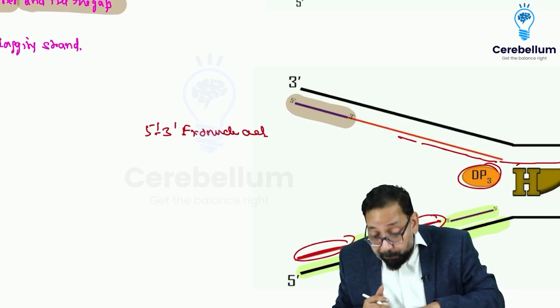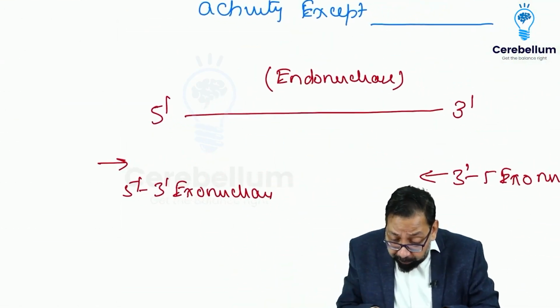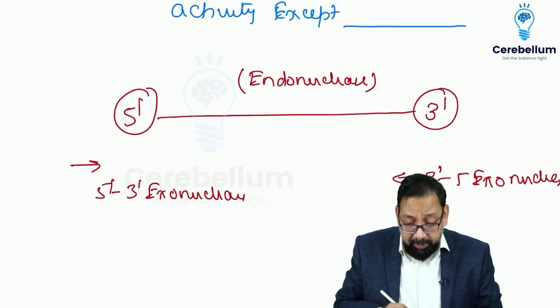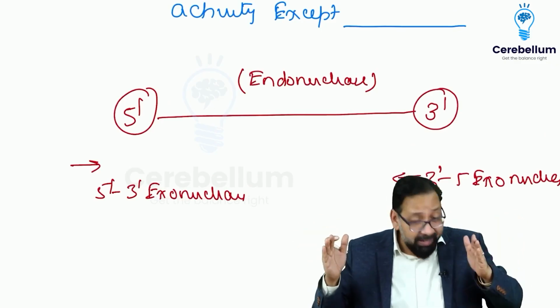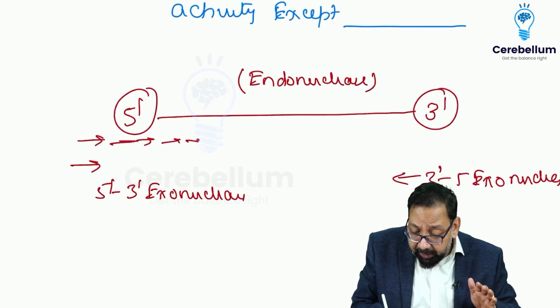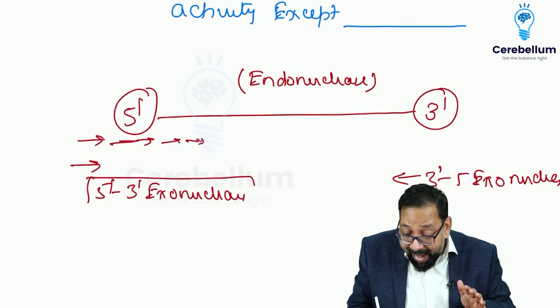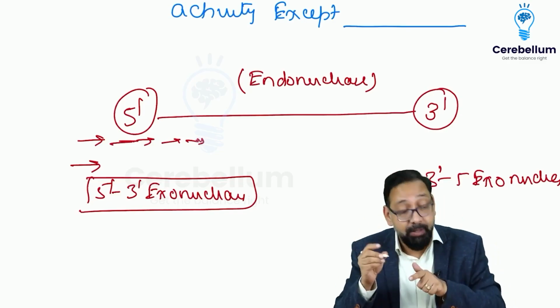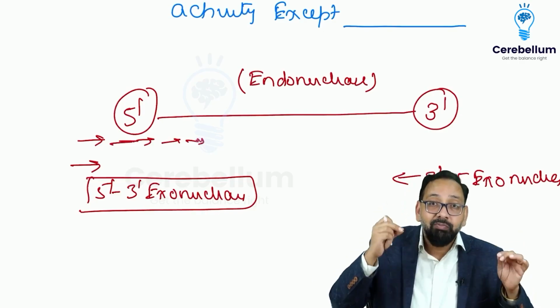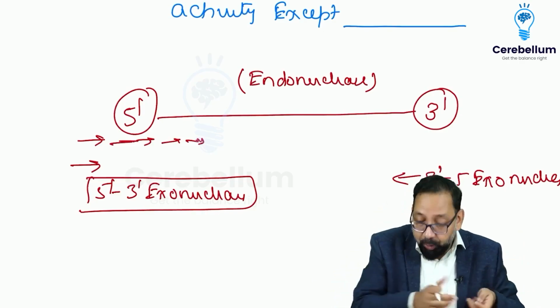What does it mean? Suppose this is a DNA strand. This is the 5 end, this is the 3 end. If I start cutting from this end and move in this direction, I will say this is 5 to 3 exonuclease, cutting from the end. If suppose this is a DNA strand and I cut from the middle, that is endonuclease.